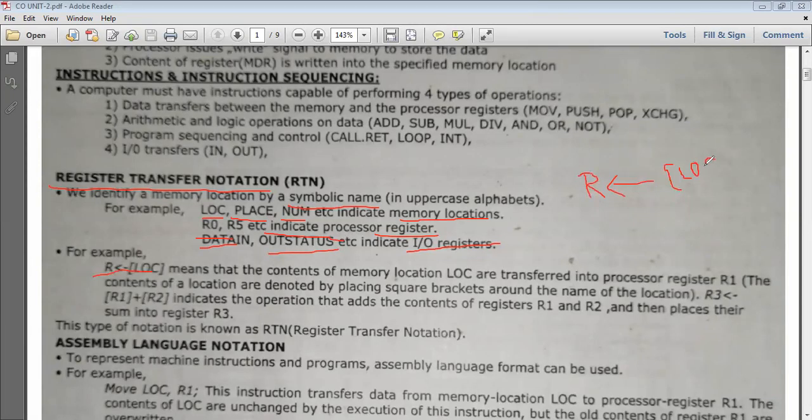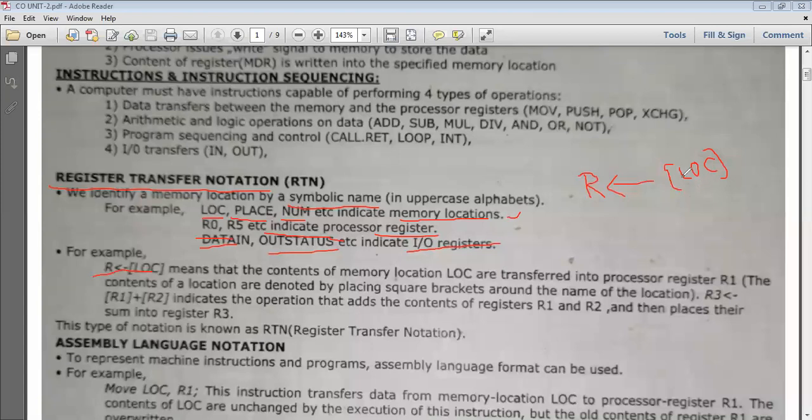So this is the notation here. What is the meaning? LOC indicates the memory location. What is meant by the square brackets?